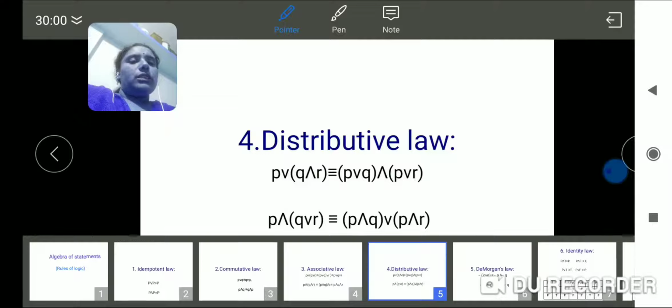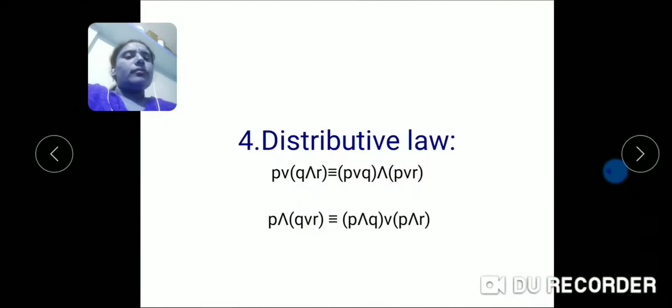Next, fourth law is distributive law. Say P or Q and R is logically equivalent to P or Q and P or R. Here see, both symbols are different. Here is or, here is and.